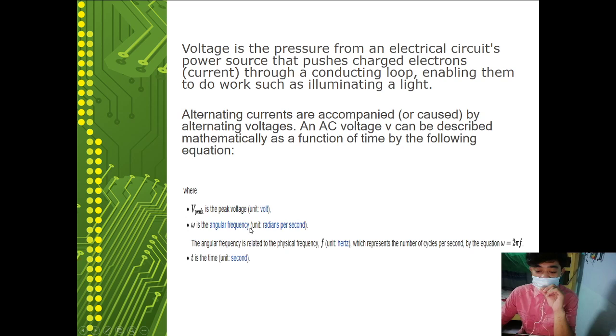Omega is the angular frequency, with a unit of radians per second. The angular frequency is related to the physical frequency, in hertz, which represents the number of cycles per second, with the equation omega equals 2 pi times frequency. T is the time.